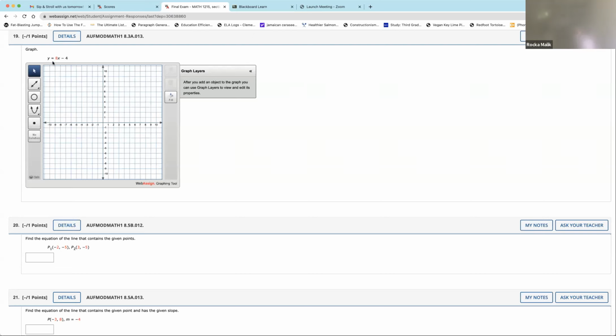Okay, graph y equals 8x minus 4. I like to put it into this format. Thank goodness it's already there for me. It's like the GPS of the graphings. It tells you where to start and how to move. You start at this, your b is your y-intercept.